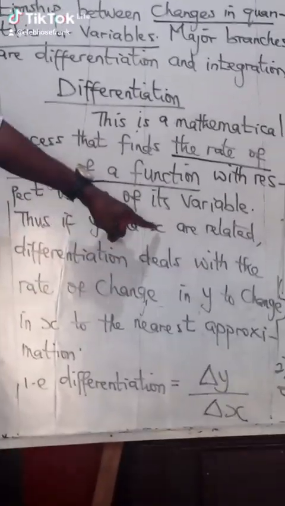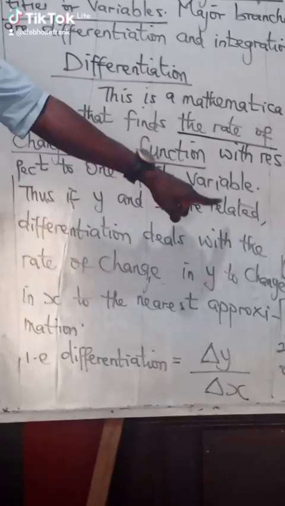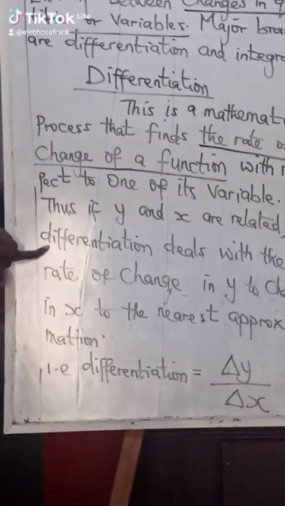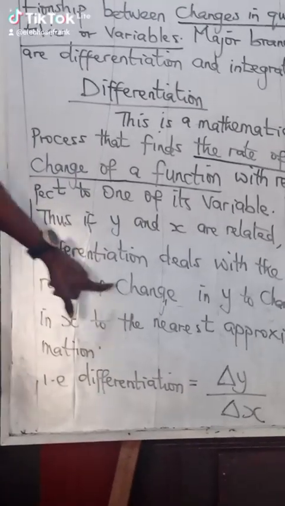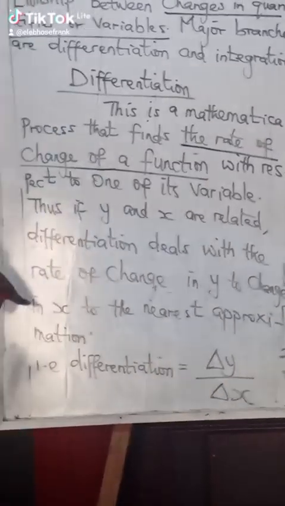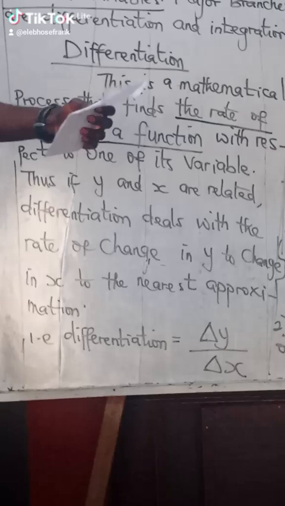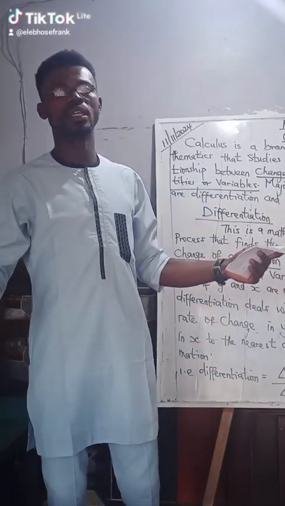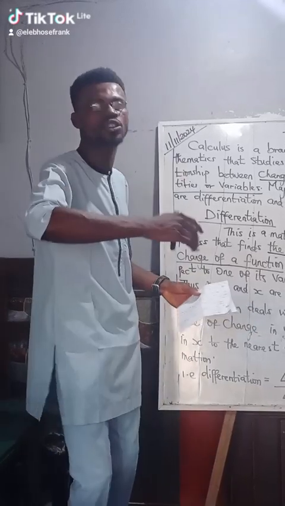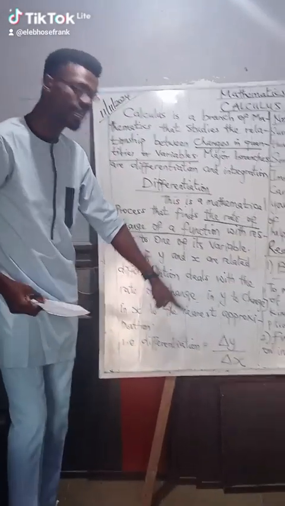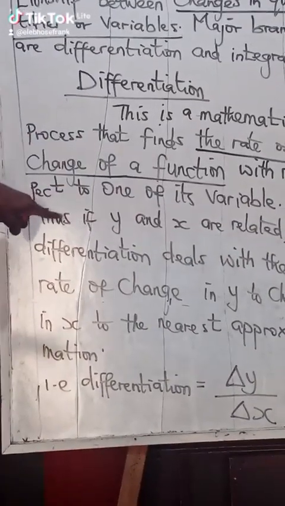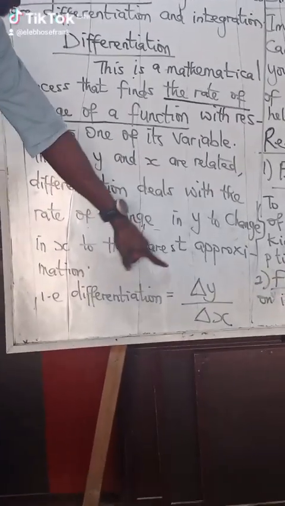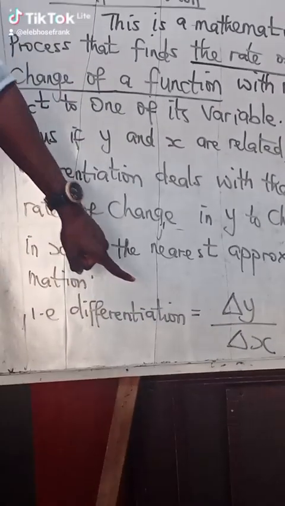If y and x, as an example, are related in a particular mathematical equation, differentiation deals with the rate of change in y to change in x to the nearest approximation. Differentiation is equal to change in y over change in x.